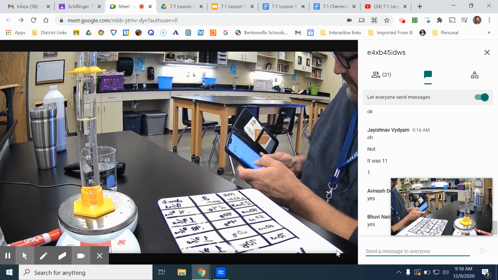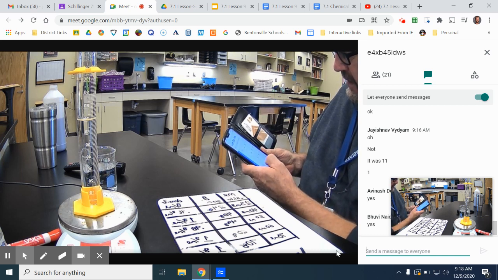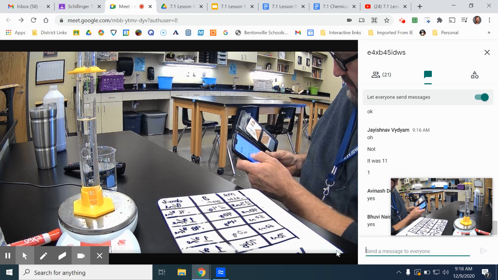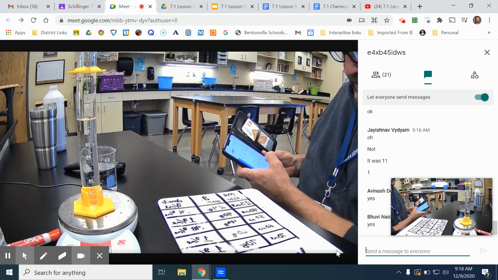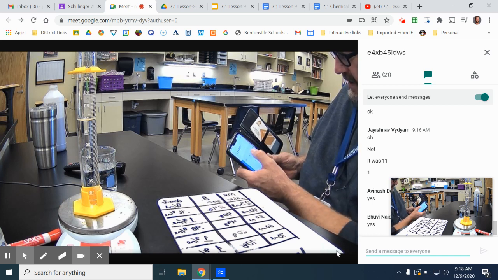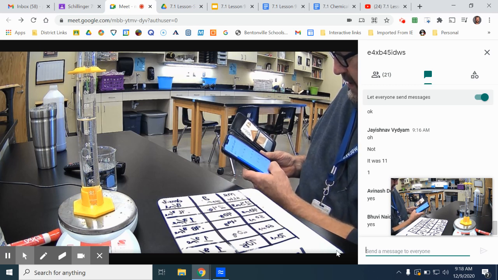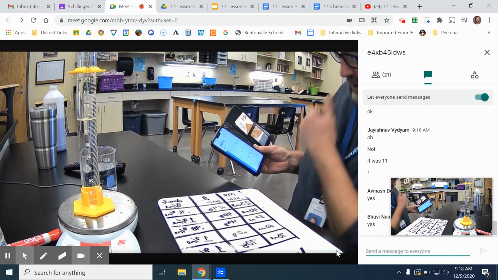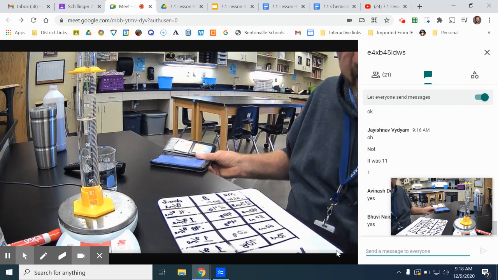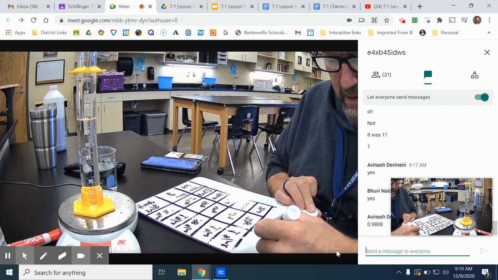I have 0.96 plus 1 plus 0.98 plus 1 plus 1 equals 4.95 divided by 5. So my average is 0.988 grams per milliliter.